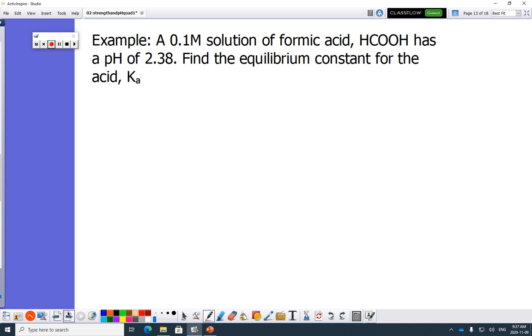There's lots of ways that you can think about this, okay? So we are going to find the equilibrium constant. So if it's the equilibrium constant, then that means we need equilibrium values. So what are we going to do? We're going to do ICE. Over here, I'm going to write some notes, okay?